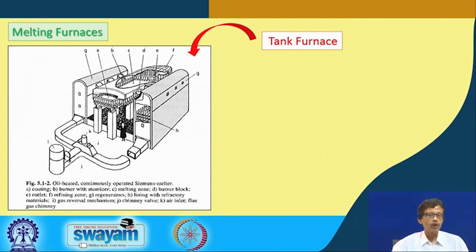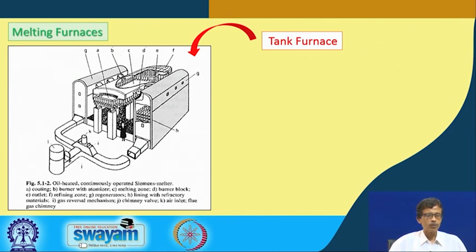There are different components, starting from A, the coating, then the burner, melting zone, lining with refractory materials, gas reversal mechanism, chimney valve, air inlet and the flue gas chimney. The whole unit shows how a melting furnace looks, which is my basic idea in showing you this diagram.